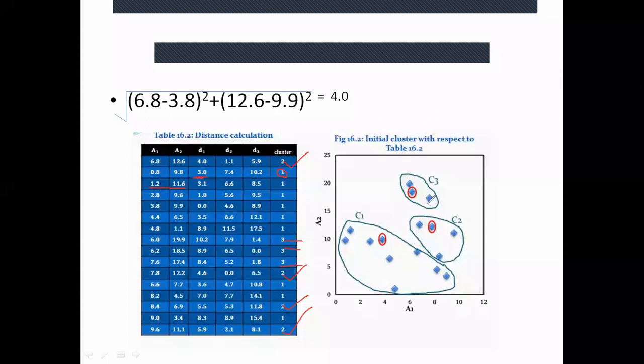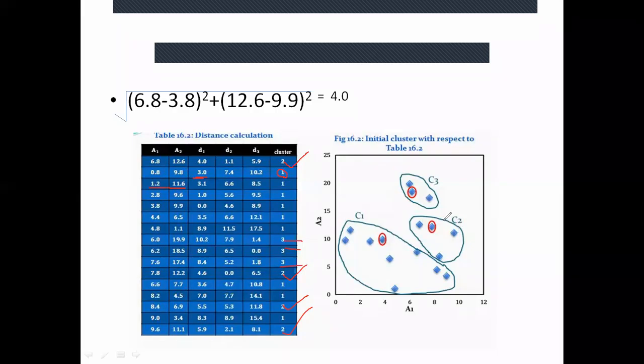So that was the second step according to the algorithm: we are finding to which cluster our data point belongs, whether C1, C2 or C3. So what is the next step now? The next step was that you need to find the centroid of each cluster, because if you take C1 now, the centroid of this cluster is not this one.